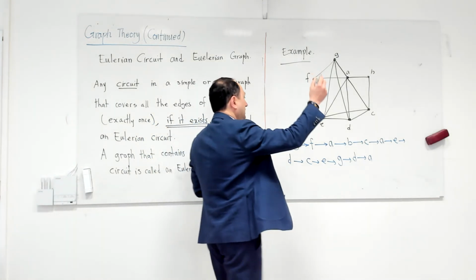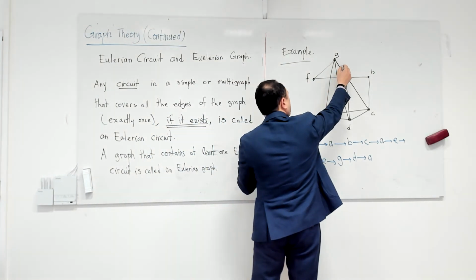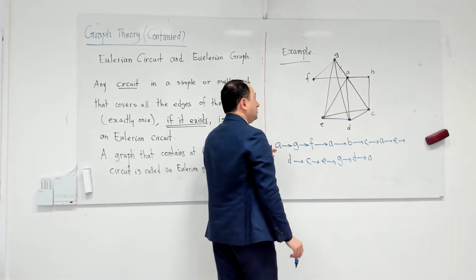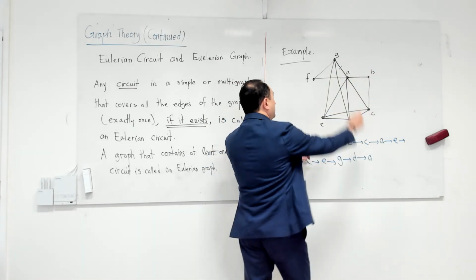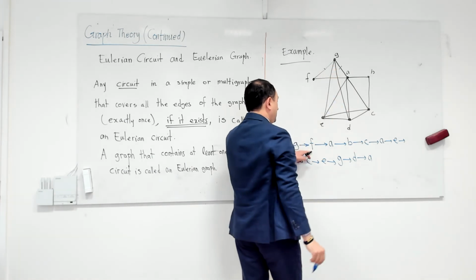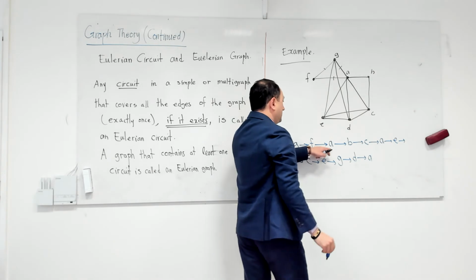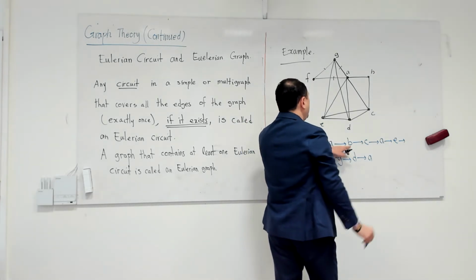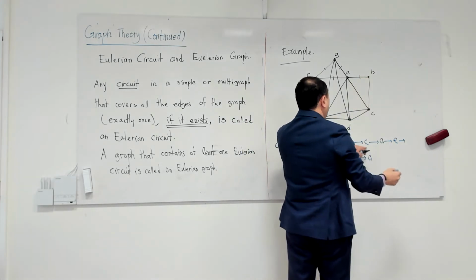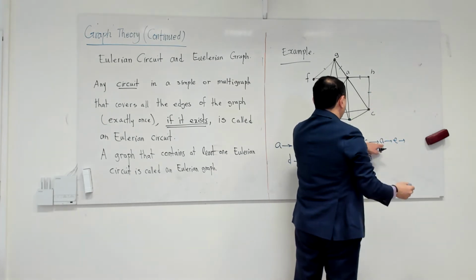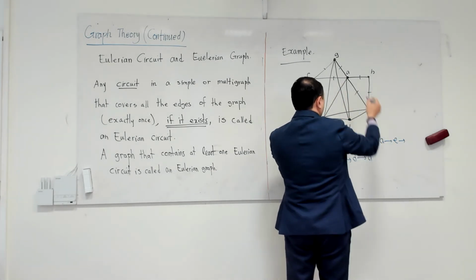So let us take the pen. From A to G, hopefully this is correct, I don't need to redo it again. So A to G, I use that edge. G to F, I use that edge. F to A, I use that edge. And then A to B, I use this one. B to C, yes. C to A, this one.